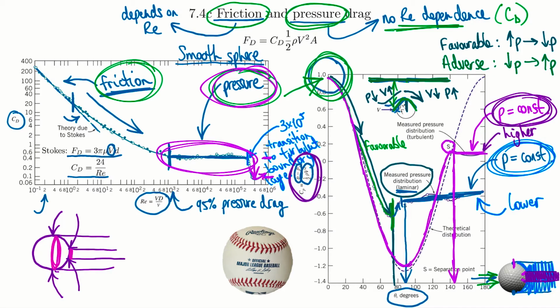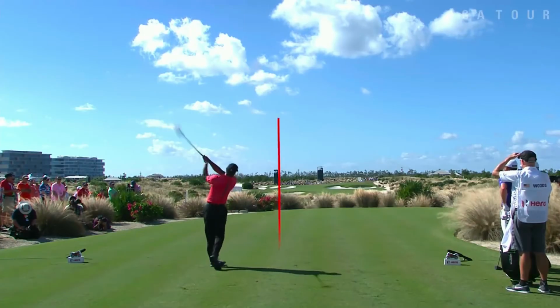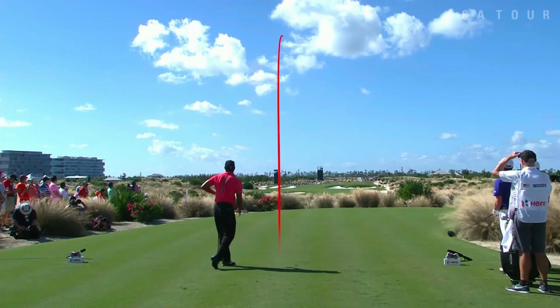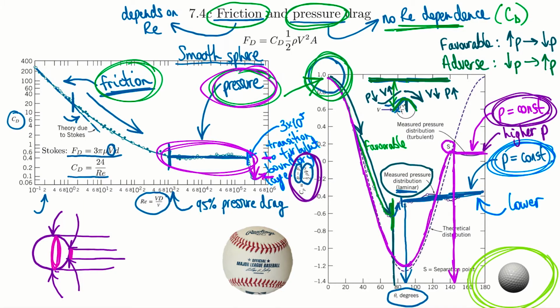You're pressure drag dominated. Okay, now this I think is going to help us explain why you would dimple a golf ball. It wouldn't make any sense if your golf ball here was friction drag dominated. Making it rougher wouldn't make any sense. You'd increase the drag. But because your golf ball is at a high Reynolds number, the sooner you get it to transition to turbulence, the less drag you're going to have on it, meaning it's going to travel much faster.